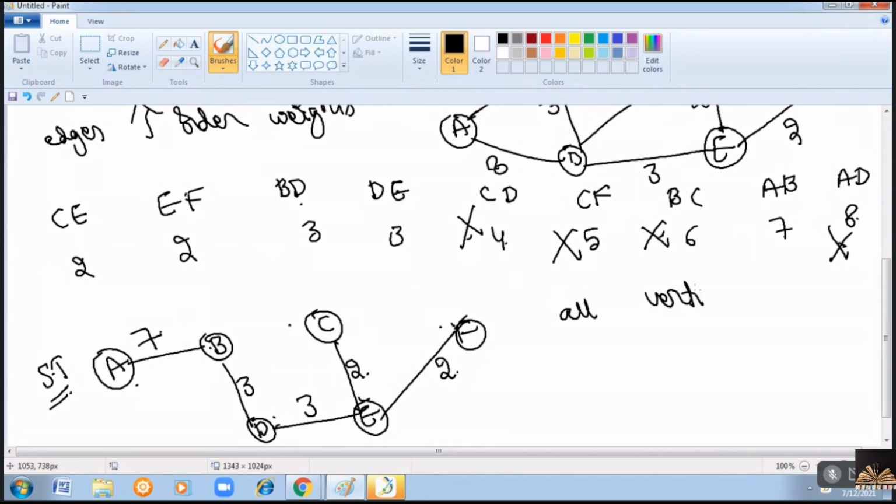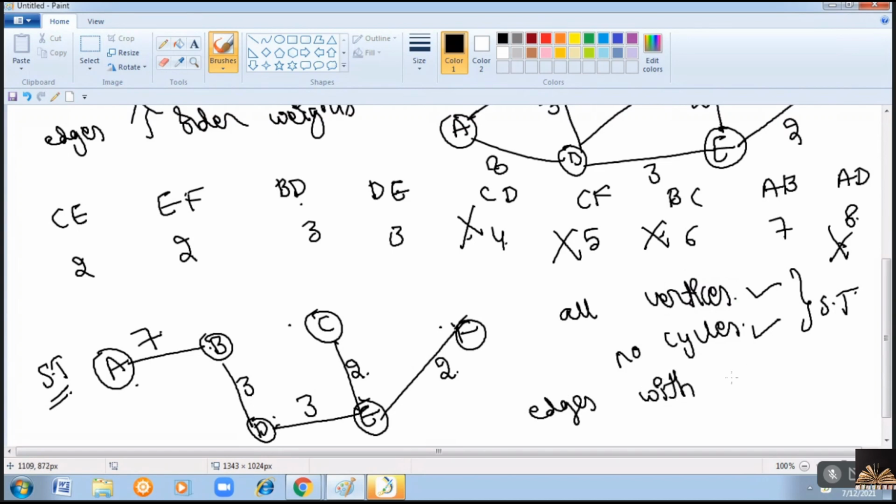So what is the definition of a spanning tree? All the vertices should be visited with the minimum number of edges, and there should not be any cycles. No cycles are there, all the vertices are visited, therefore you can call it a spanning tree. And here you have included the edges with minimum weight, therefore it is a minimum spanning tree.